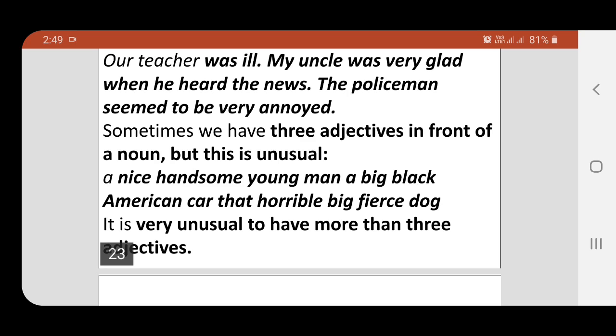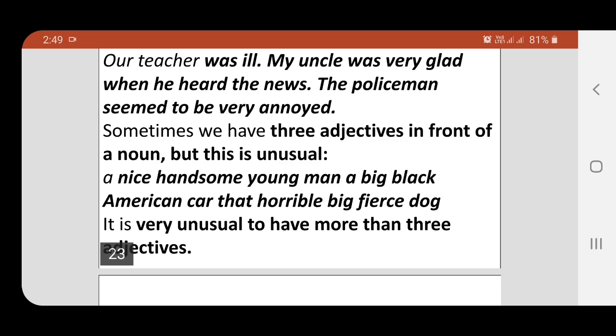A big black American car. Car is a noun, the name for a vehicle. We have different products of cars. Cars are supplied by Americans, Indians, Chinese. So, a big black American car is a statement having three adjectives.